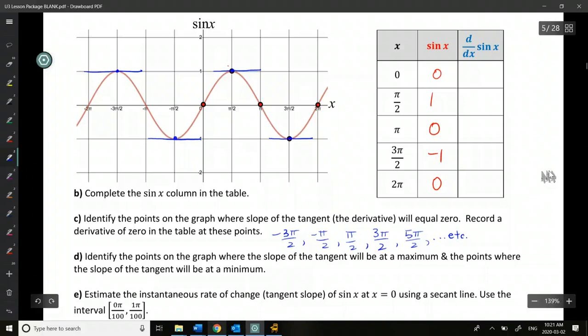Oftentimes we would write this as 2k plus 1, so odd multiples of pi over 2, where k is an element of the set of integers, which is this Z with the double bar. Basically that just means when we say integers, we mean whole numbers.